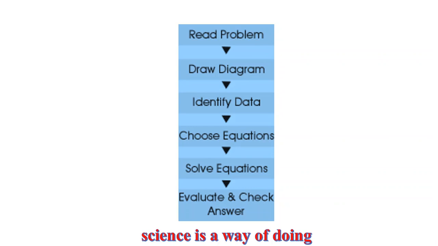What are the things that you're supposed to find out? Then you look at the equations that make sense to go with that information. Solve the equations, and then evaluate and check your answer. One of the things I have told them, for instance, in the vector problems is, once you have an answer, go back to your diagram. Does your answer make sense with what your diagram says?